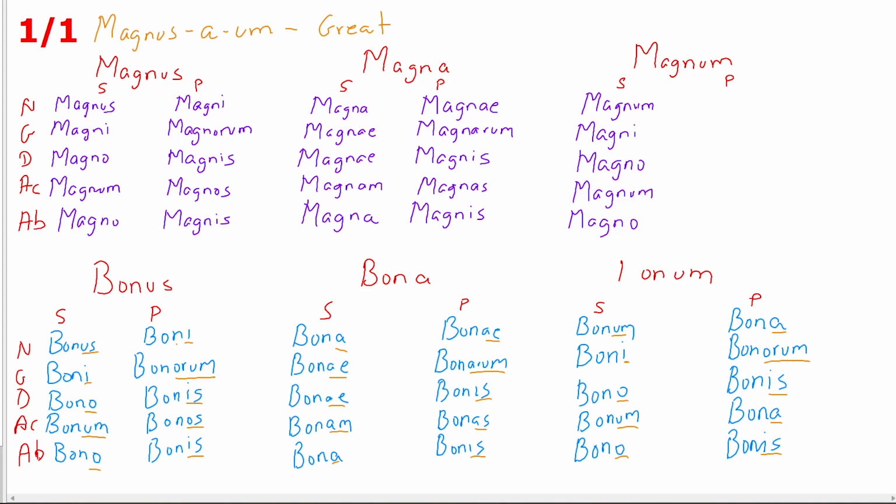Plural of nominative would be magna, genitive plural magnorum, dative plural magnis, accusative plural magna, and ablative plural magnis.